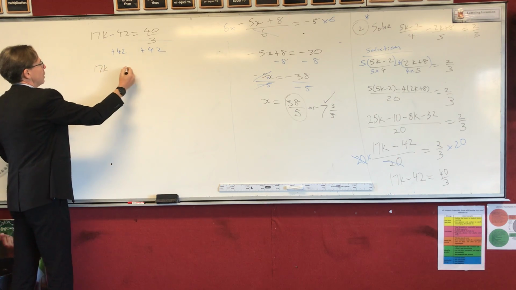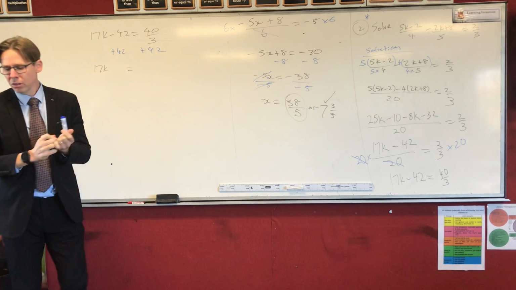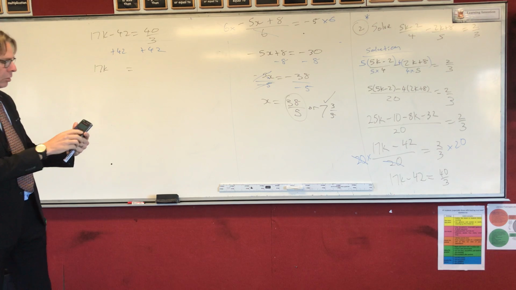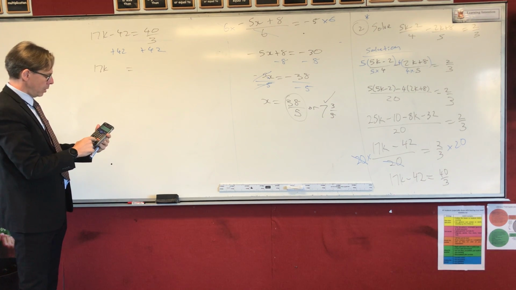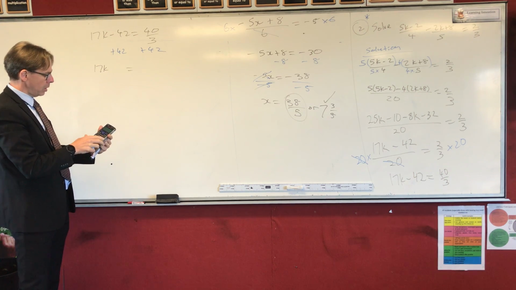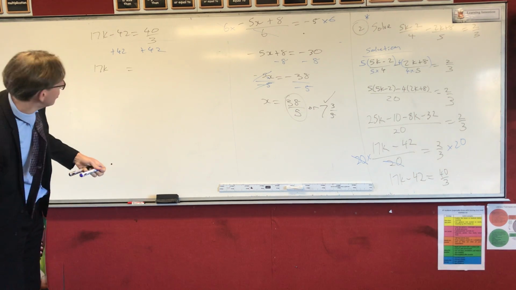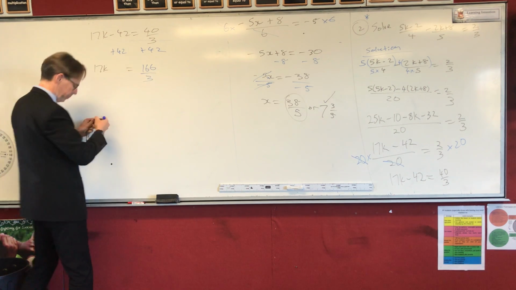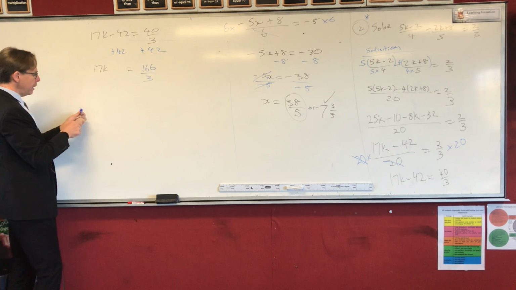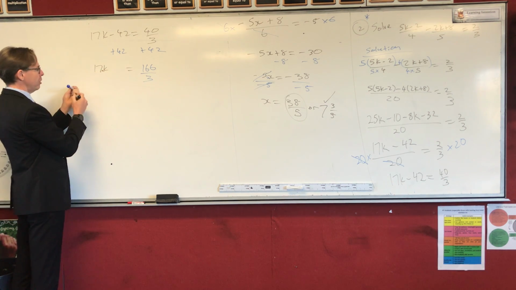Now, 40 over 3 plus 42, just work it out on a calculator. I've got a calculator, so just go there. 40 over 3 plus 42 gives you 166 over 3 on your calculator. And then last of all, you're going to divide by the 17.